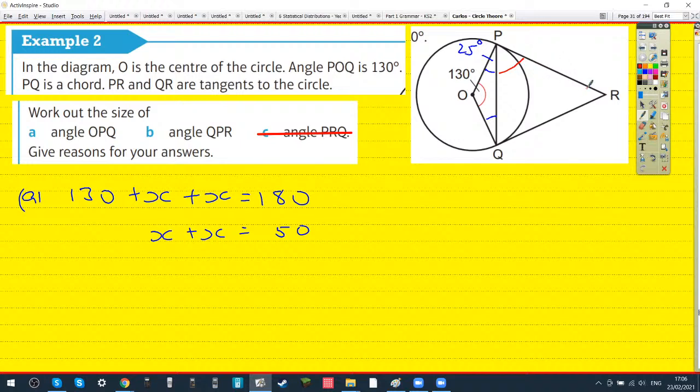Do you remember tangent to a radius, what angle it makes? Is it 180? It makes 90. So OP, the radius, and PR, the tangent, meet at 90 degrees. This part of it is 25. And so how do you get the other part?